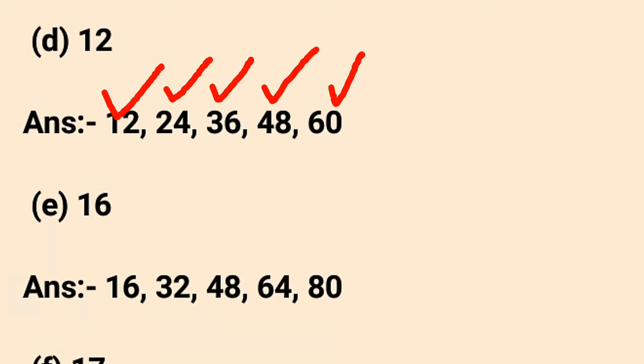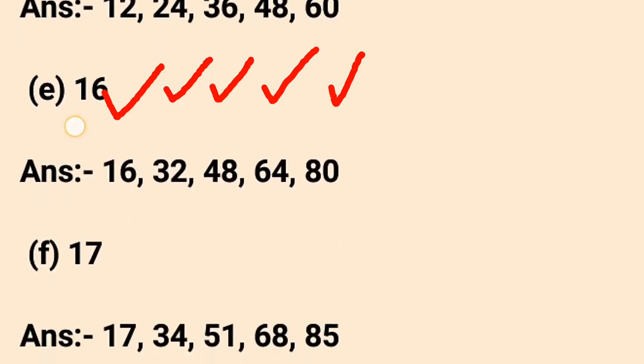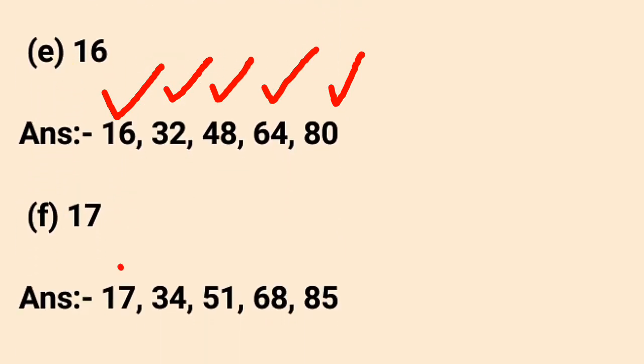Now E part is 16. 16 ones are 16, 16 twos are 32, 16 threes are 48, 16 fours are 64, 16 fives are 80. So these are 5 multiples of 16. Next multiples of 17. 17 ones are 17, 17 twos are 34, 17 threes are 51, 17 fours are 68, 17 fives are 85.